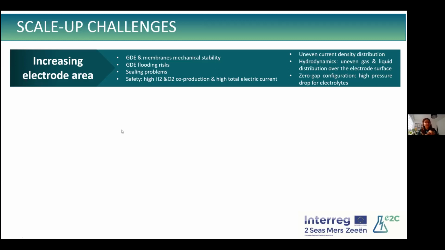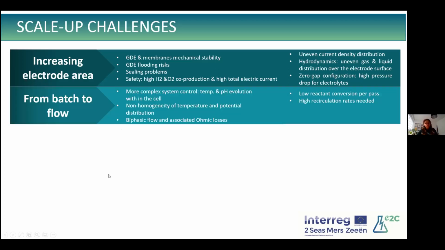It can also lead to uneven distribution of the current or uneven distribution of the gas and liquid through the electrolyzer and the electrode. And also quite important, bigger electrodes lead to higher production of side products like hydrogen, which will harden the safety regulation for bigger setups.